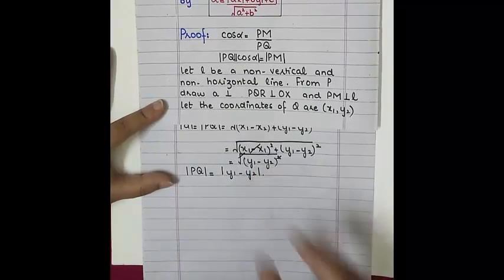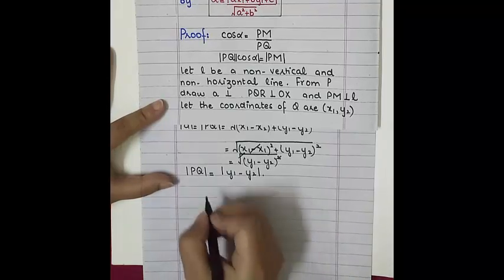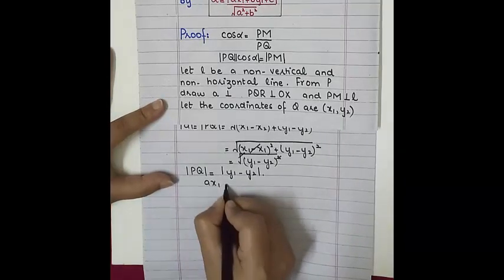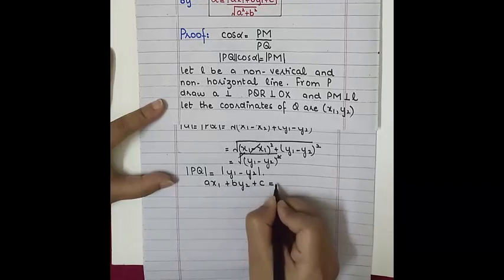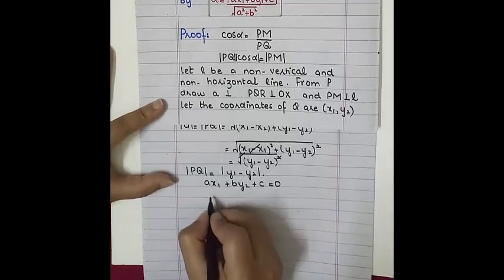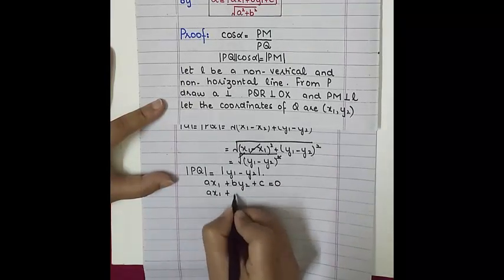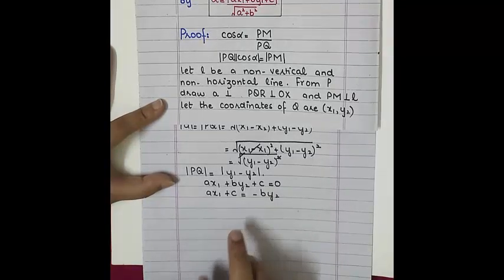Now to calculate this y2, we can use the equation of the line, which is ax1 plus by2 plus c is equal to 0. From here we can separate out the value of y2. We move by2 to one side, and now we divide by minus b throughout the equation.